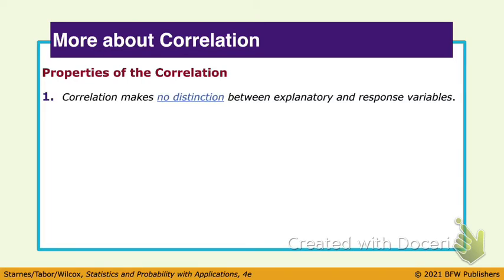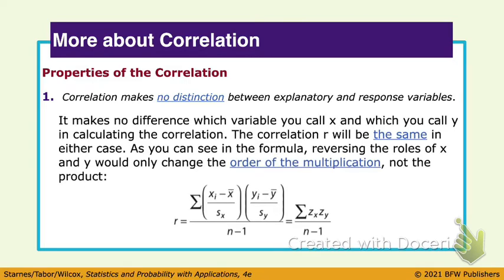Correlation makes no distinction between explanatory and response variables. What I mean by that is it makes no difference which variable you call x and which one you call y in regards to calculating the correlation.